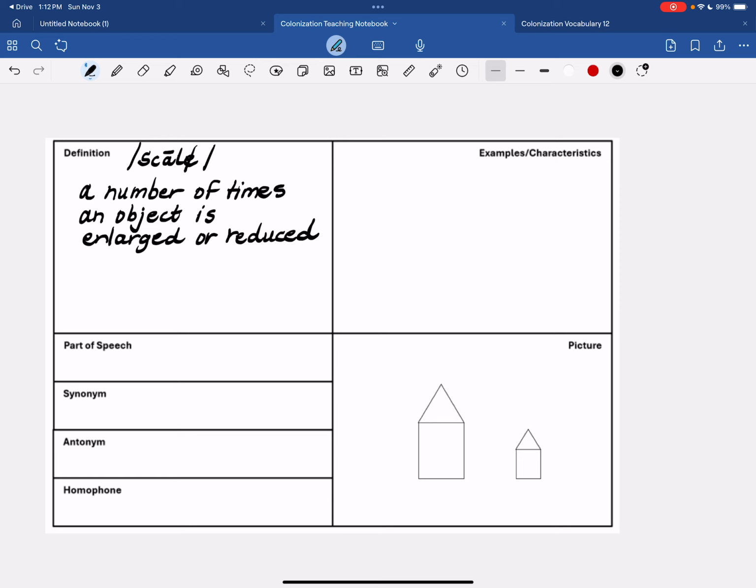If you have a tiny little photograph, you can enlarge that so many times, and it's much easier to see. Or vice versa. Let's say that you have a poster that you want to put in your scrapbook and it won't fit, so you can reduce that poster a number of times and it will fit in your scrapbook.